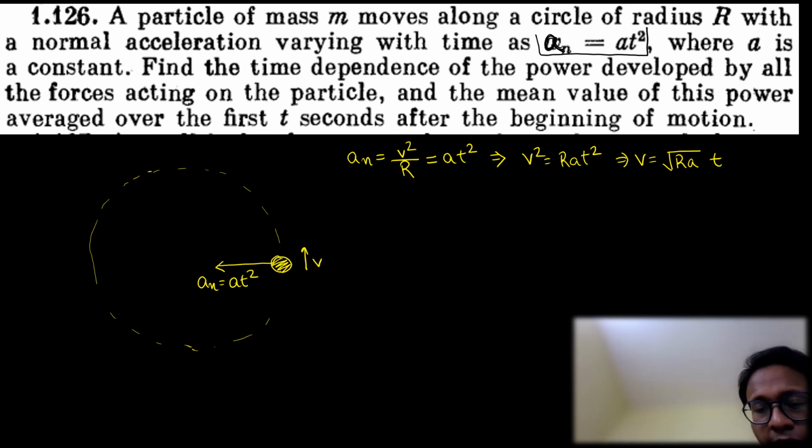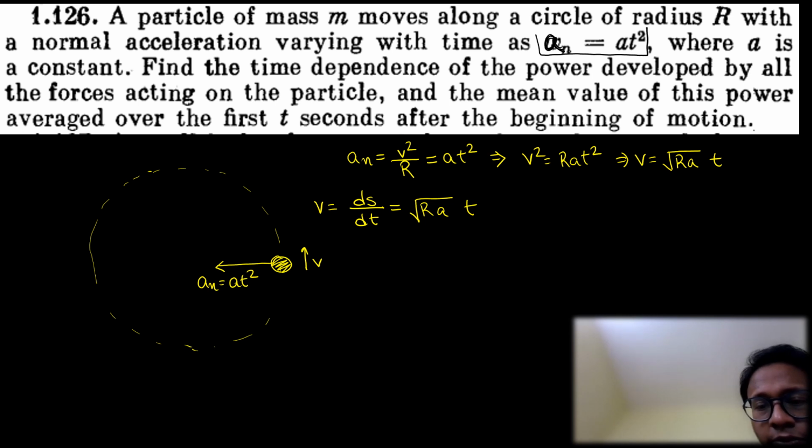So can I put ds by dt, or rate of change of distance, which is nothing but velocity. This velocity can be written as ds by dt, the amount of distance traveled in a circular orbit, which is equal to how much? How much is the velocity? Under root of r a into t.